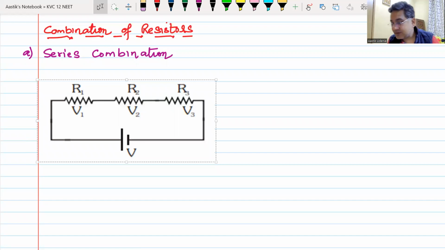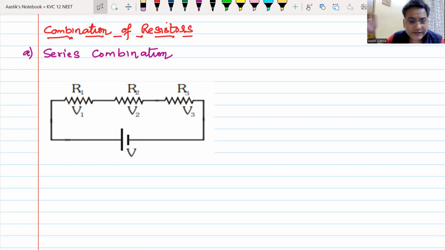So the series combination, my dear friends, is like this: three resistors, four or two or five, whatever, combined in this fashion. This is the series combination. As you can see, current will flow from the positive terminal towards the negative terminal. Current is I. As you can see, current remains the same.